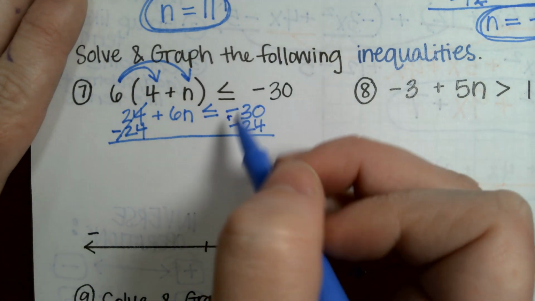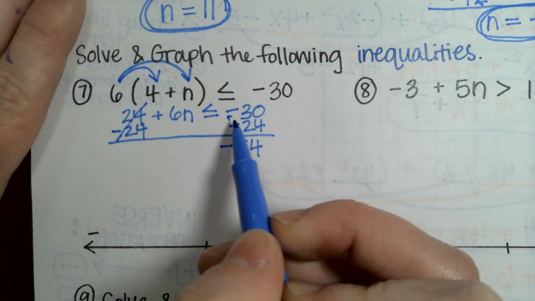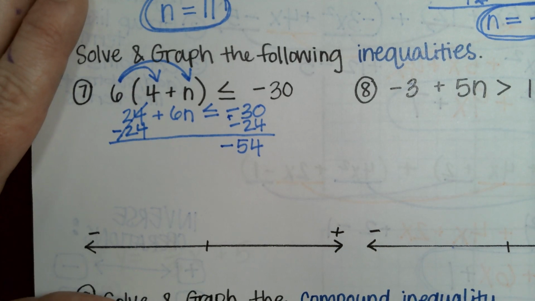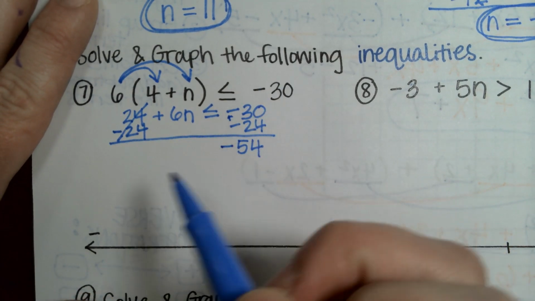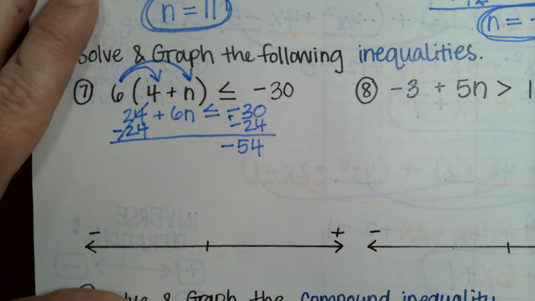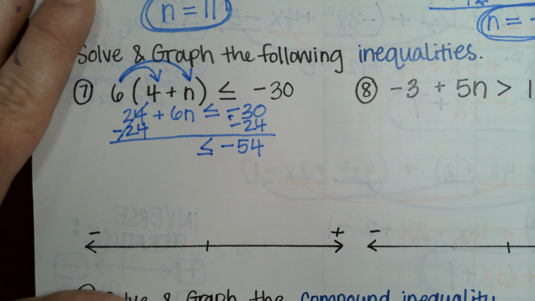Negative 54. If that confuses you, you can still type in negative 30 minus 24 in your calculator. You'll get the same thing. So I want to make sure you guys know how to get that. If we have a negative minus something, make sure that you are getting negative 54 on your calculator.